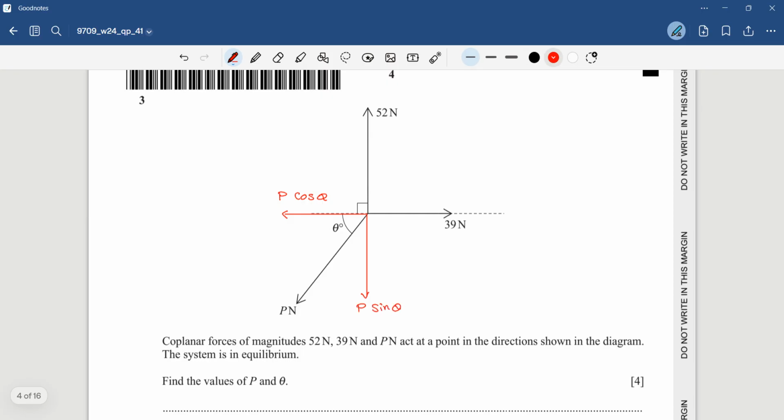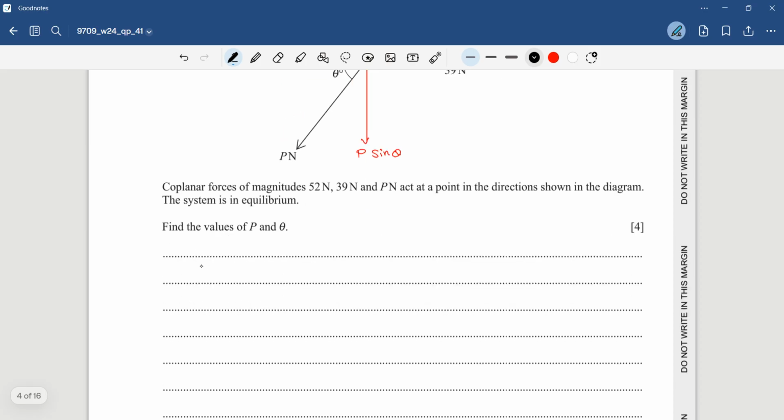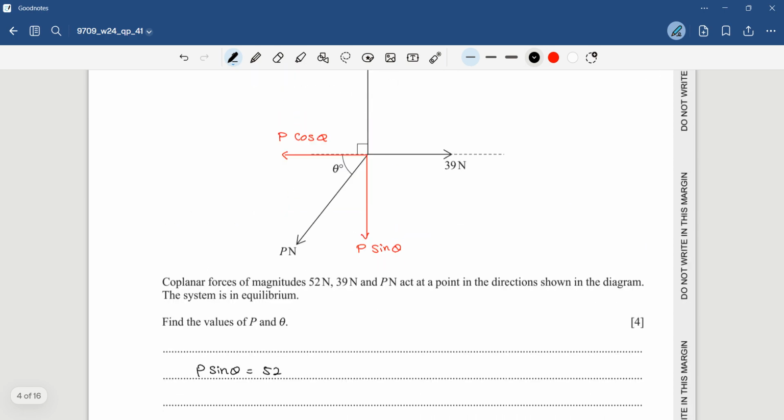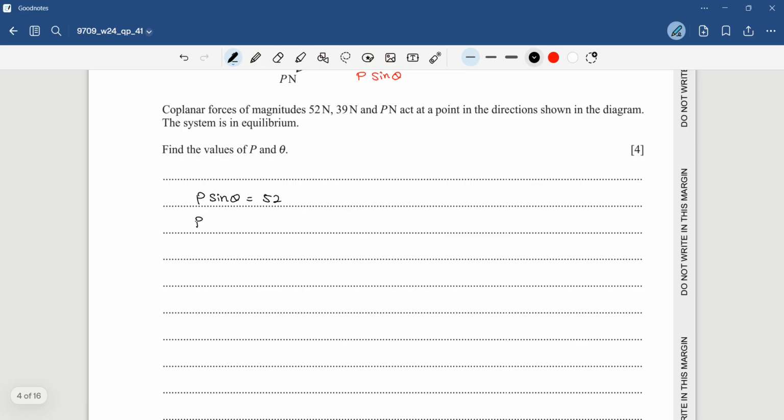And since they said the object is in equilibrium, the forces are in equilibrium, what we can say is the upward forces are equivalent to the downward forces. So P sine theta is equivalent to 52. And P cos theta equals 39.